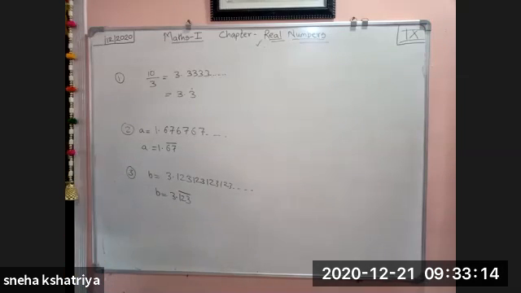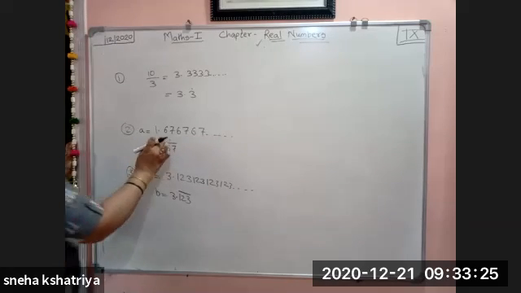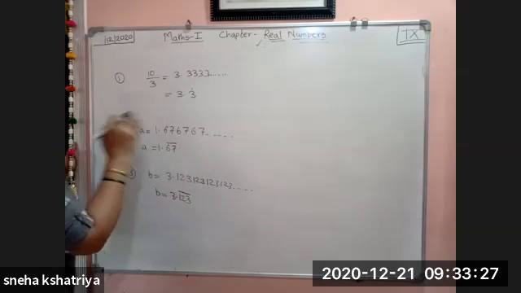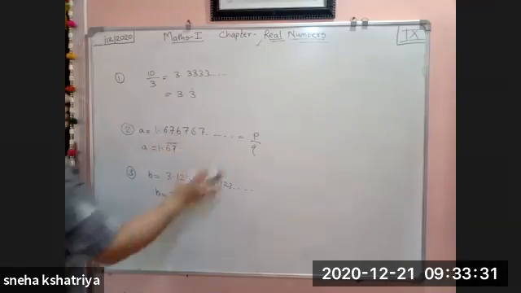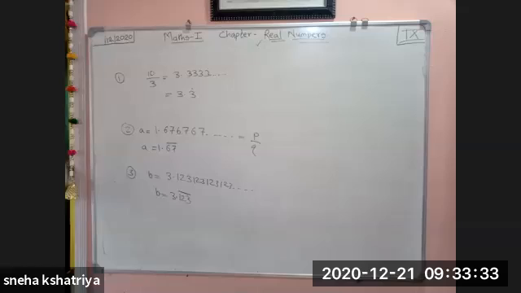And while solving such numbers, we have two examples here to express the recurring decimal in p by q form. Whatever the recurring decimal is, we have to represent it in p by q form, means in fraction form. How are we going to represent them in fraction form?